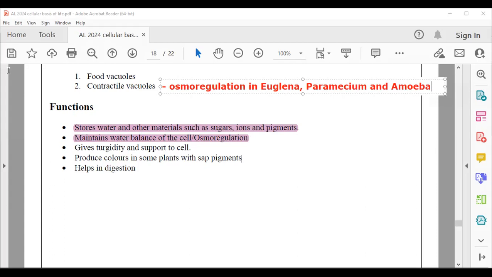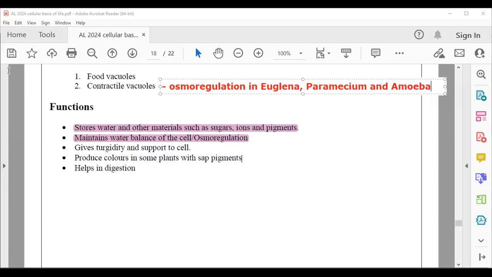Bacteria can't have a contractile vacuole because a vacuole is membrane bounded. Can membrane bounded organelles be present in eukaryotic organisms or prokaryotic organisms?